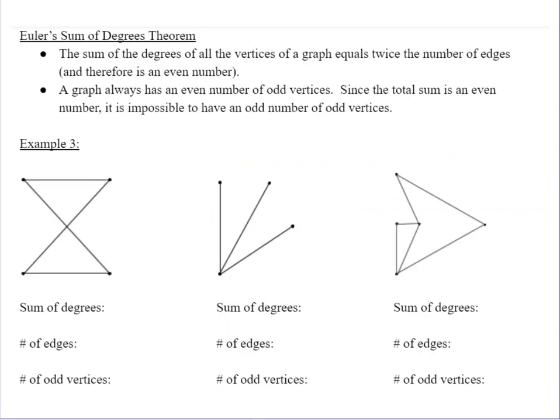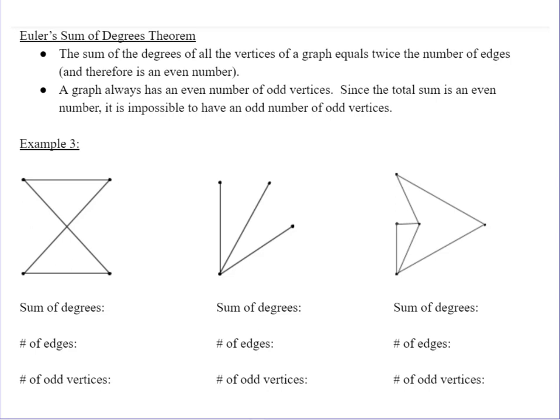In Euler's sum of degrees theorem, he states that the sum of the degrees of all of the vertices of a graph is equal to twice the number of edges, and therefore an even number. So if you add up all of the degrees of the vertices, you always get an even number, and if you divide that number by 2, you get the number of edges.